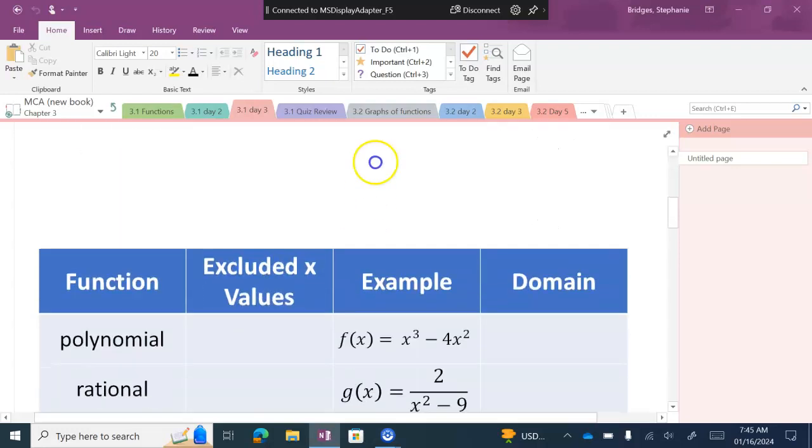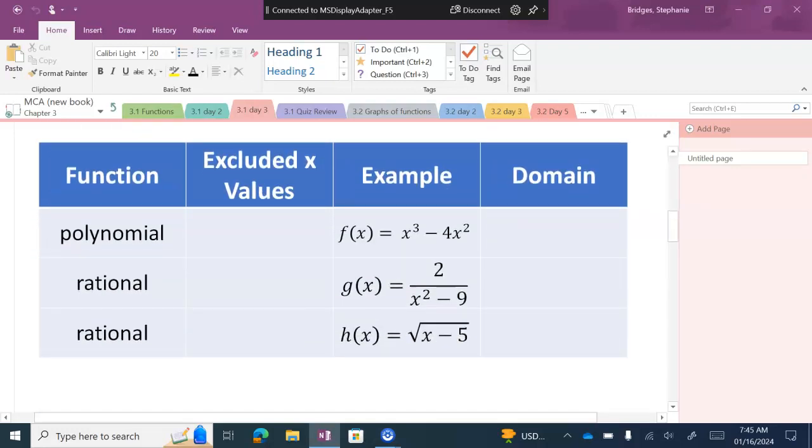So we have this little chart we're going to kind of fill in. You have three functions, and I gave you an example of each one. And we're going to fill in those little blanks in between the excluded x values and then the domain, how to write it.